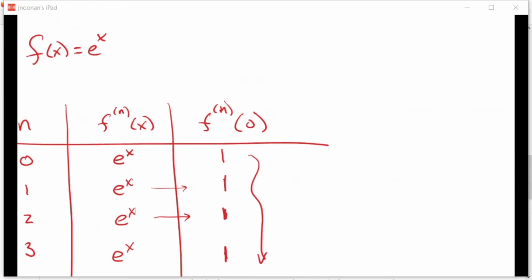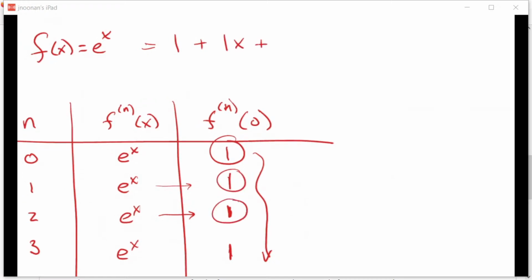So now we can write the Taylor expansion for this. So just to note, you start with this number, and then you take the next number times x, and then the next number over 2 factorial times x squared, and then the next one over 3 factorial times x cubed.